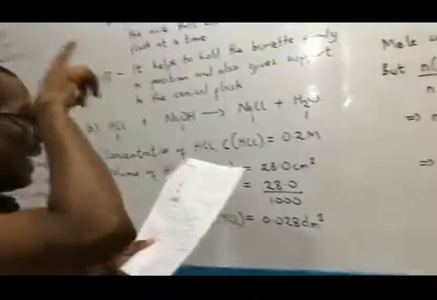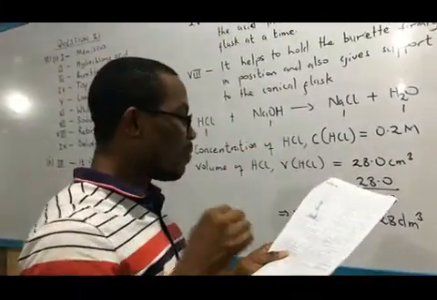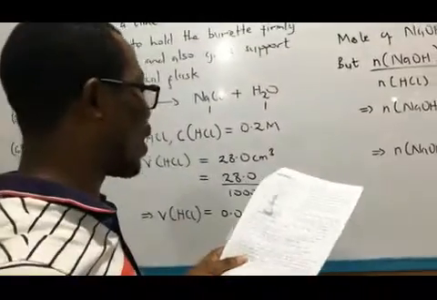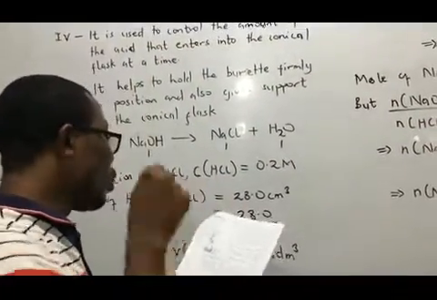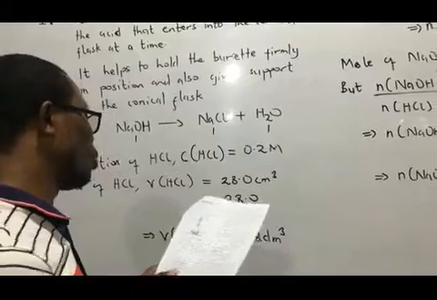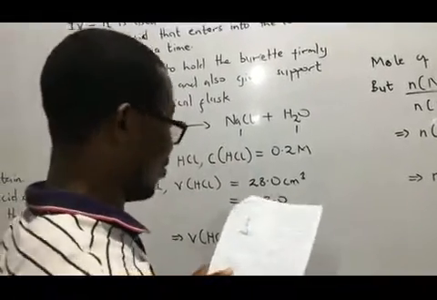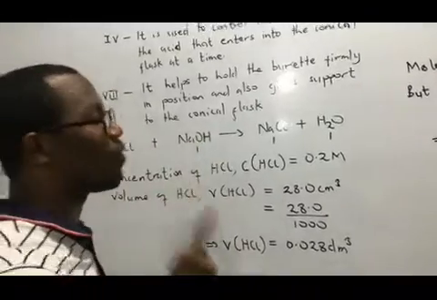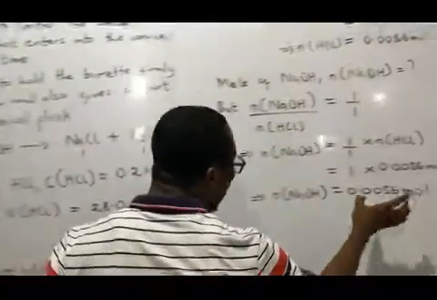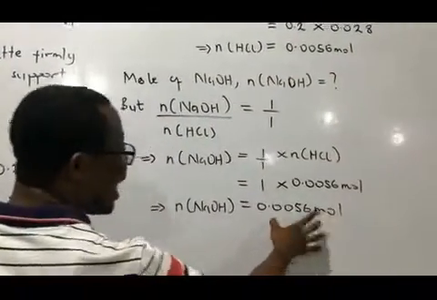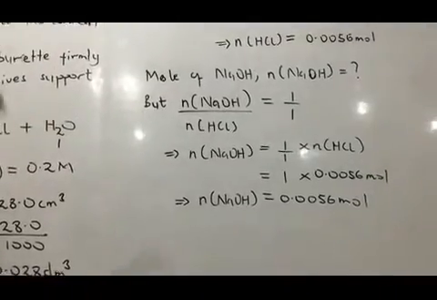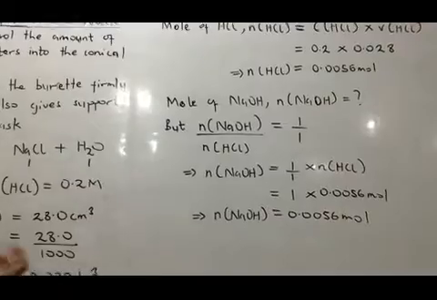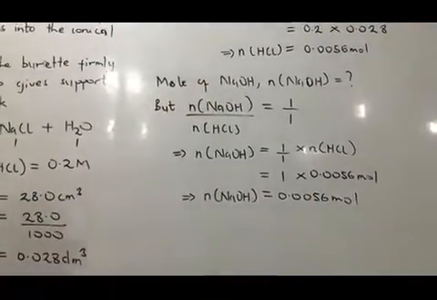But if you look at the initial preamble, it says that the titration involves 0.2 molar hydrochloric acid against 25 cm³ of solution of the sodium hydroxide. It means that the volume of sodium hydroxide used in the titration is 25 cm³. So the mole we have obtained here is present in the volume used in the titration, which is 25 cm³. But the question is asking you to find the mole in 100 cm³.